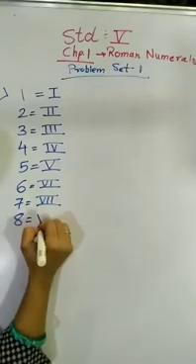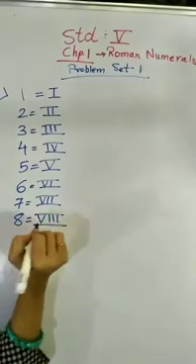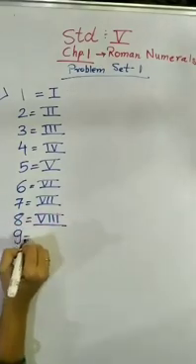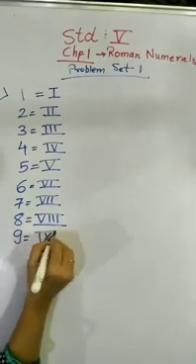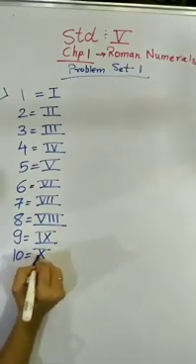For 8 we will write V and 3 times the standing line, or you can say I. Then 9 is IX. 10 is denoted by X.